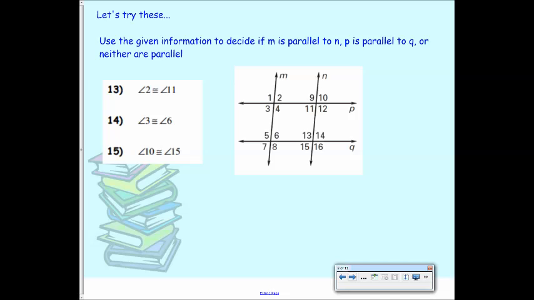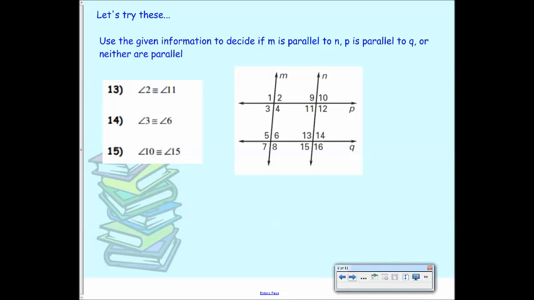So in a question like this, 13, 14, and 15 are giving you different pieces of information, and it's asking you to use that information to either prove that they're parallel, which ones are parallel, and if you can't, then to tell you that you can't. Okay, so take a look at number 13. What information do they give you in number 13? They tell you angle 2 is congruent to angle 11.